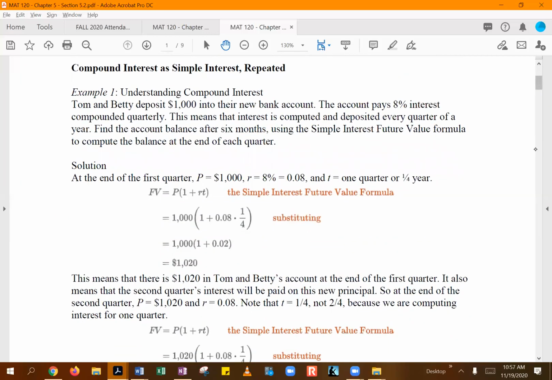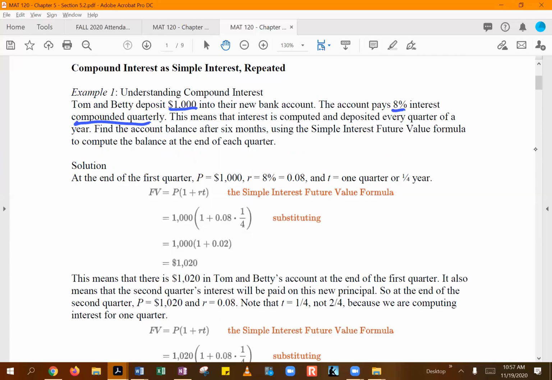So let's take a look at this example here. Tom and Betty deposit $1,000 into their new bank account. The account pays 8% interest compounded quarterly. That basically means your interest is going to be calculated at every quarter of the year, and every quarter comes out to be every 3 months.